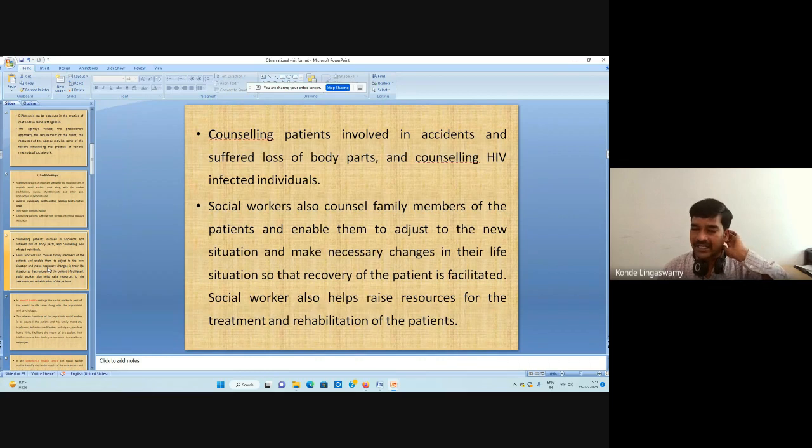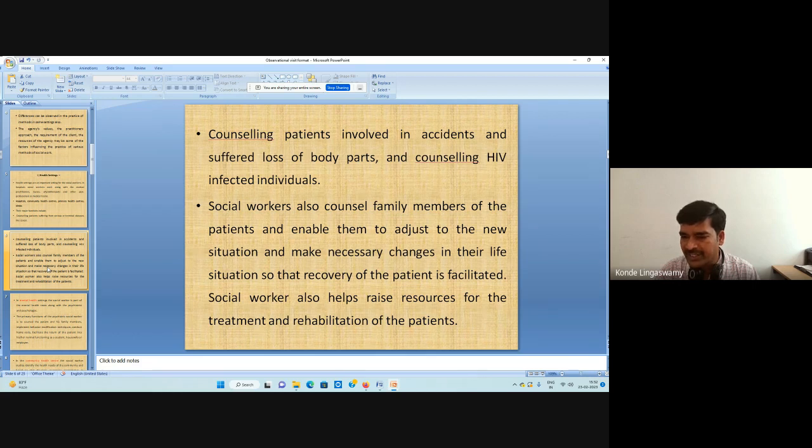A recent trend in raising resources and funding is crowdfunding. It is one trend that is going on, crowdfunding. For patients suffering from accidents or other diseases, social workers or a group of people will start crowdfunding, appealing to normal people to contribute for the individual who is suffering with a serious health issue or accident, stating how much amount will be required for surgery or treatment.